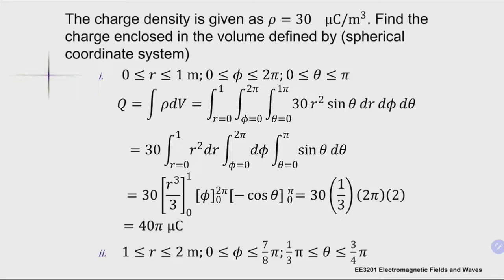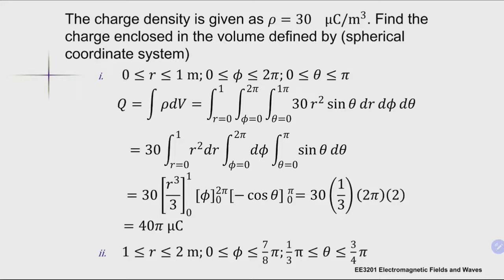is on spherical coordinate system. Okay, here, so I did a simple example here. So again, the same charge density, rho equals to 30 microcoulombs per meter cube. And now you're given the limit in the spherical coordinate system.